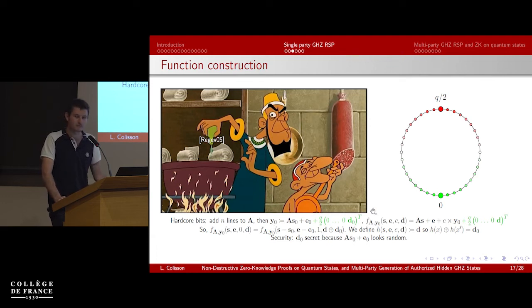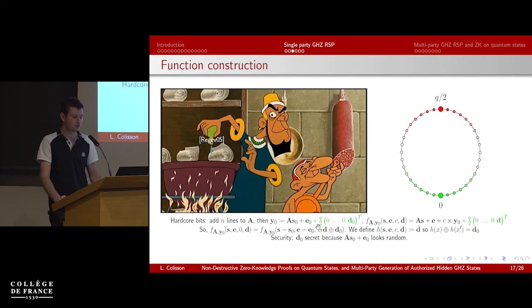More specifically, you again have two preimages as before, one when C is equal to 0 and one when C is equal to 1. If you do the math, and you have f of (S, E, 0, D) equal to f of (S', E', 1, D'), then you can factor everything: bring the S together, the error together, and this part together.